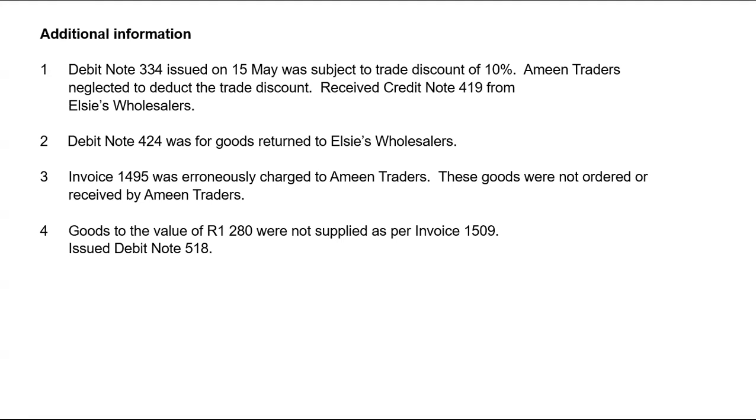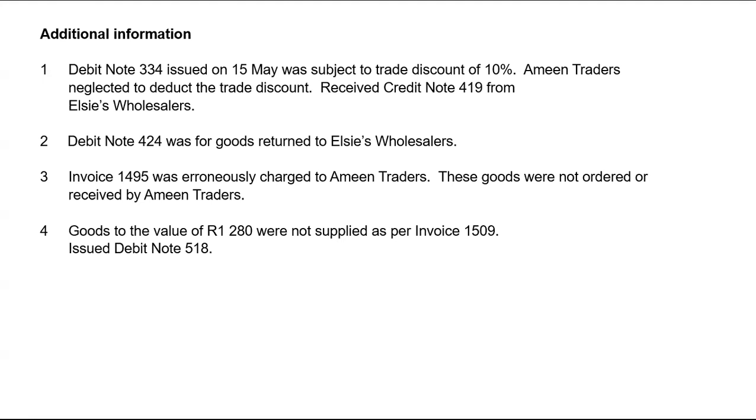We never bought those goods for 900. We bought those goods for 900 times 90%. And here we are claiming that we are returning 900 worth of goods, actually 90% of 900. Let me calculate it quickly. What is 90% of 900?